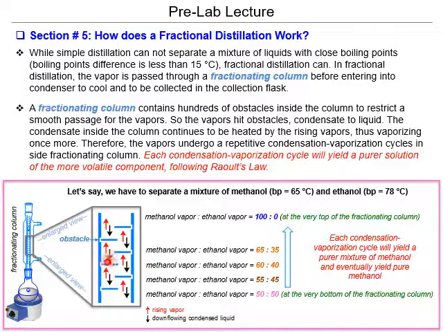So it's like climbing, I guess, and it's purifying the higher you go up because of the rounds of simple distillation. Each condensation vaporization cycle will yield a purer mixture of methanol and eventually yield pure methanol.